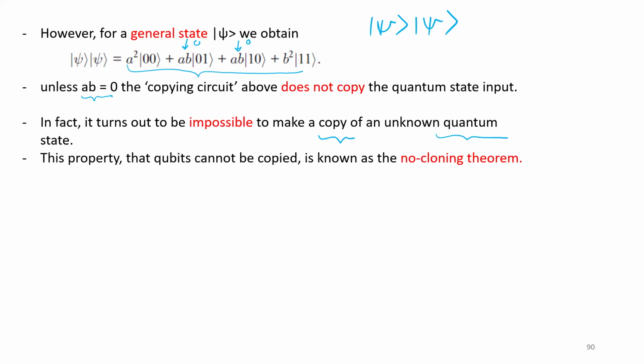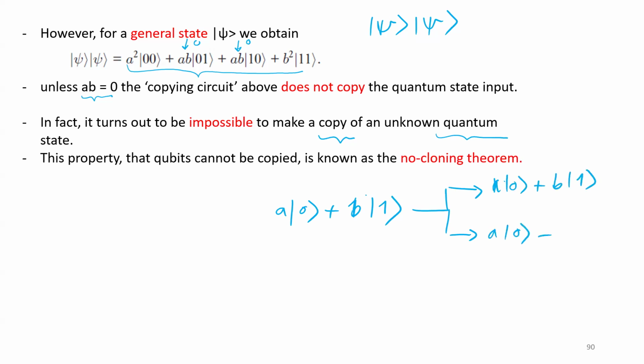It's impossible to get a way to make a copy of, again, I'm just gonna explain that to be clear. You cannot start with something like that and create two copies of it. Like here, A0 plus B1 and A0 plus B1.